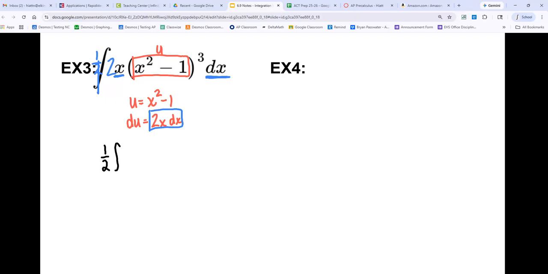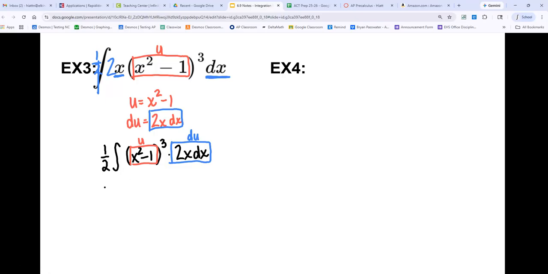I'm going to write it this way. x squared minus 1 to the 3rd power. And I'm going to put this 2x dx over here. You don't necessarily have to write this step, but because we're just learning this, I want to be really clear about what's happening here. So I know this stuff right here gets replaced with u, and this stuff right here gets replaced with du.